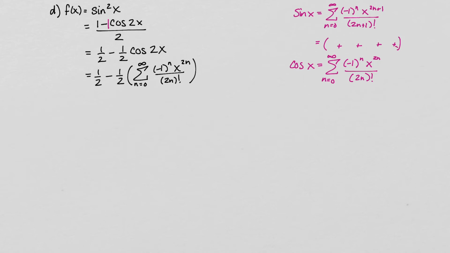Just like we did in the last one, we are going to look at this series and see if we can figure out what's going on. So we're going to write out some terms just like we did before.